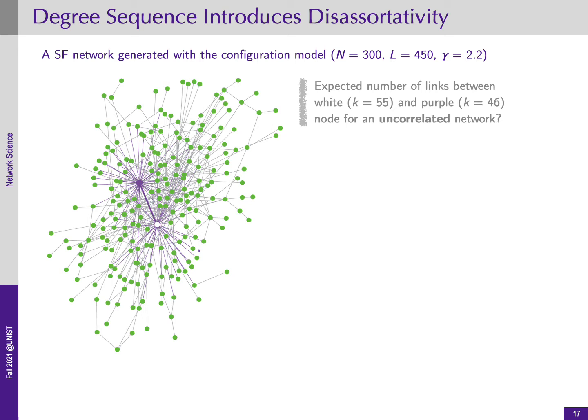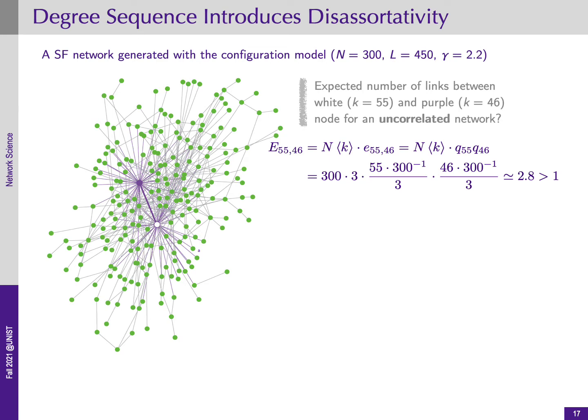To be specific, we are focusing on these two hub nodes whose degrees are 55 and 46 in this example. According to the previous calculations on the uncorrelated network, if you assume no correlations at all, then the expected number of edges between these two hub nodes should be more or less 3.